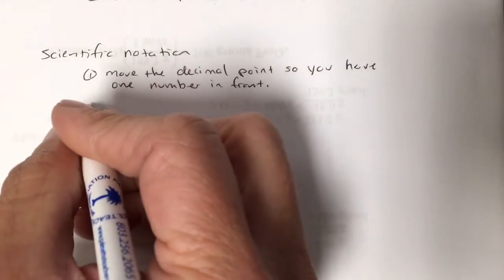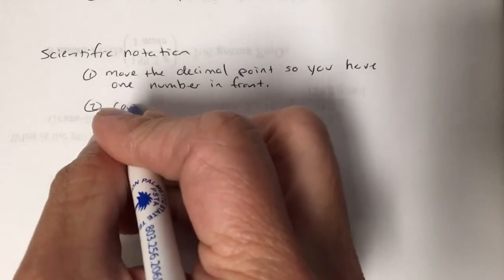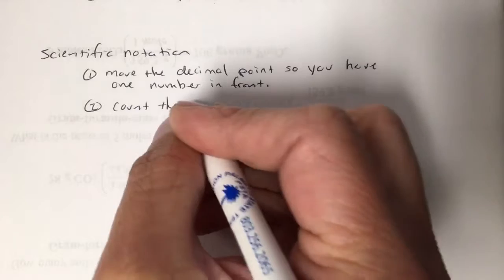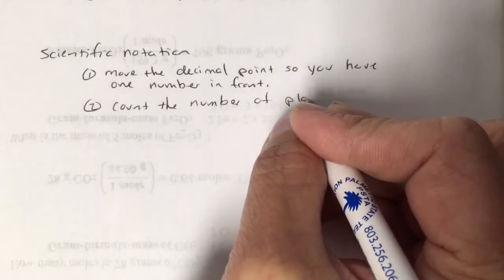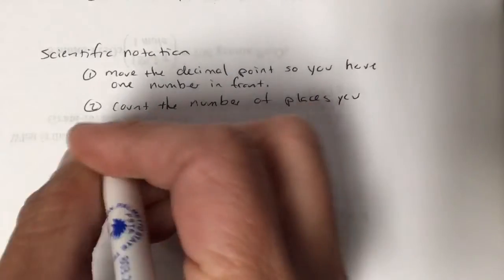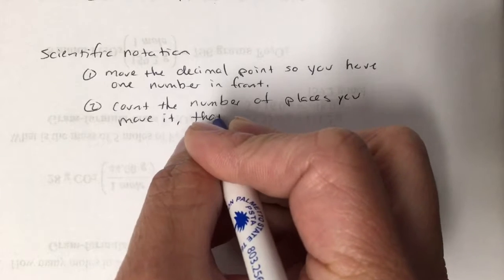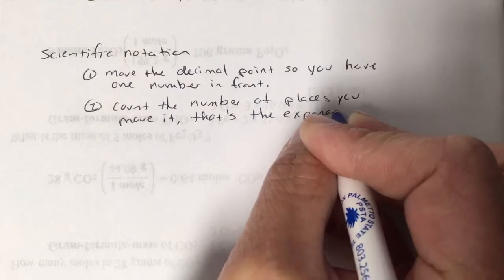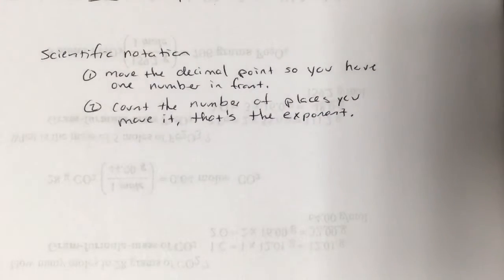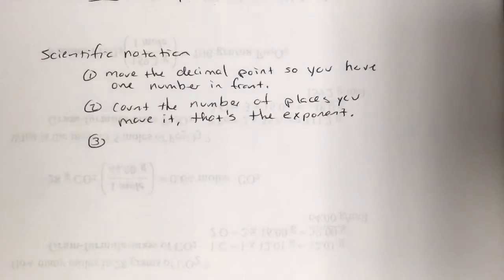Next thing you do is count how many places you move the decimal point. That's your exponent on the 10. That exponent will be positive if the number was greater than 1, or you move the decimal point to the left.